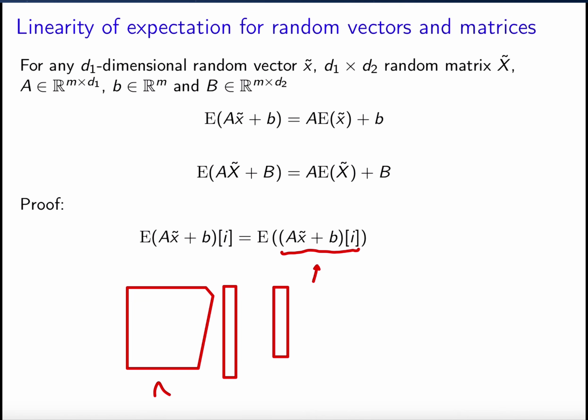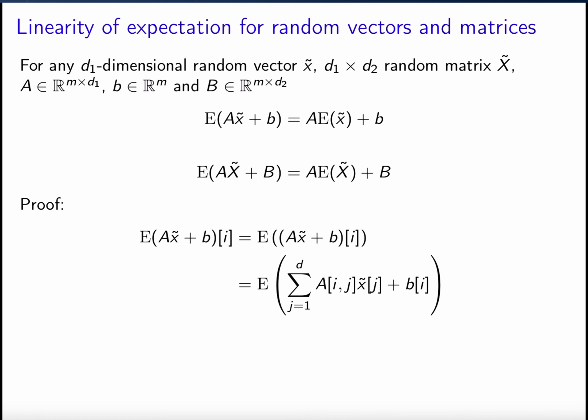So we're saying AX plus B, and this is the random vector AX plus B. We're interested in an entry. That entry is going to be a row of the matrix times X plus an entry of B, just by linear algebra. We're interested in the expected value of that entry.